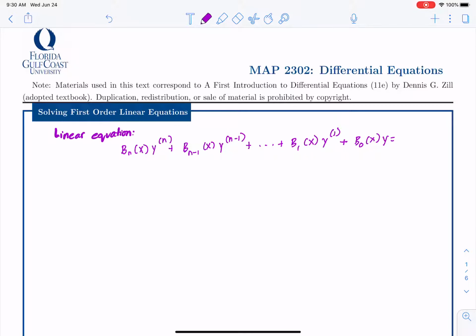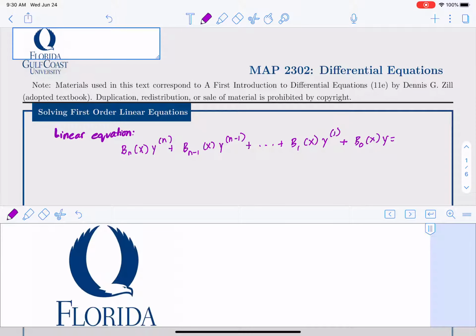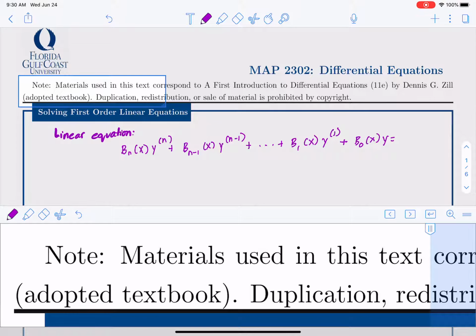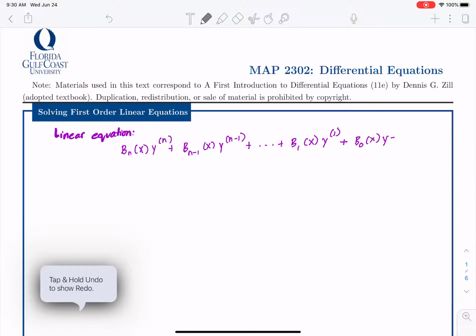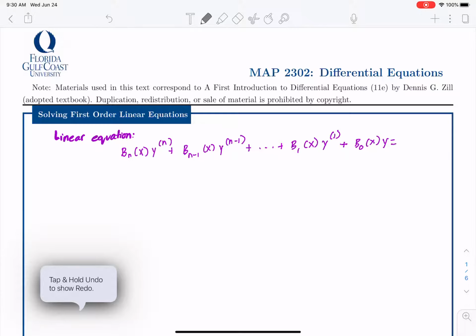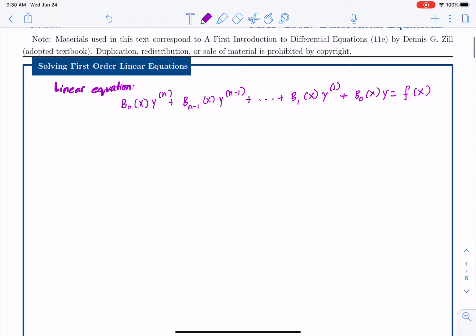And that could equal 0, or equal f of x, some function. Now, we're only going to look at a first order linear equation, so we don't care about the higher order terms.